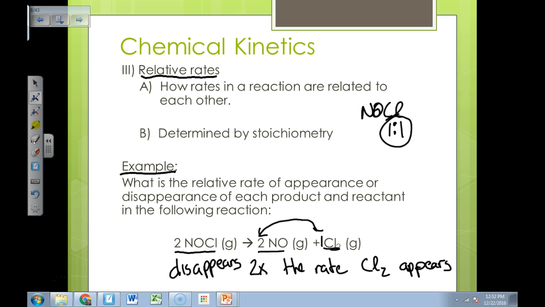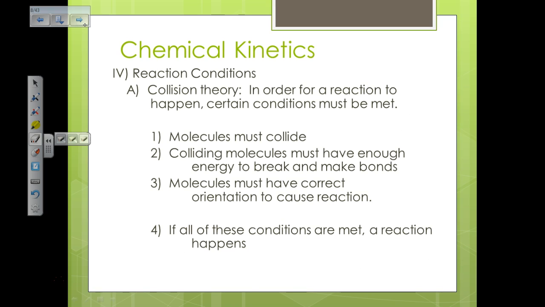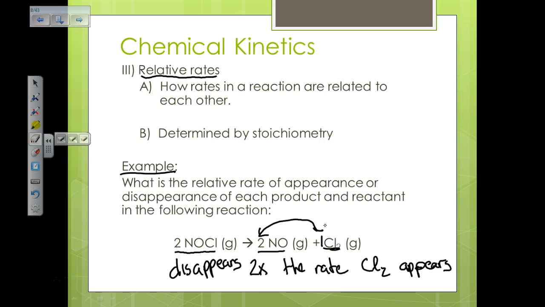Let me show you what this means graphically. If we were to draw a graph of this, and in a previous video I talked a little bit about graphing concentration, the concentration of NOCl is going to decrease.